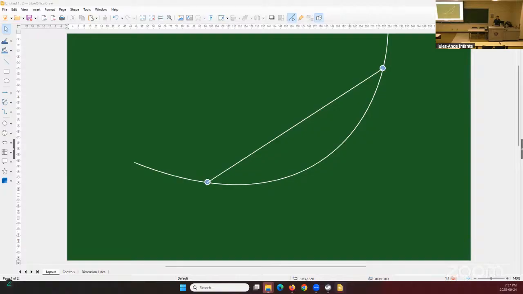Now, if I were to look at the slope at this point, it looks like this. The slope at this point looks like that, right? If I look at the tangent. And as you can see, these two are very different from each other.